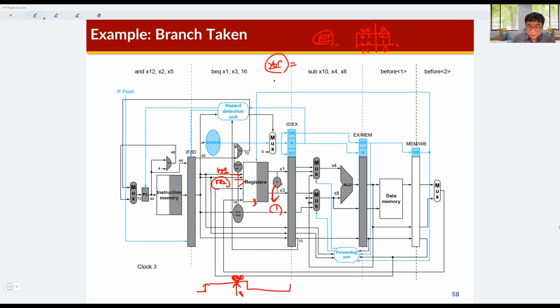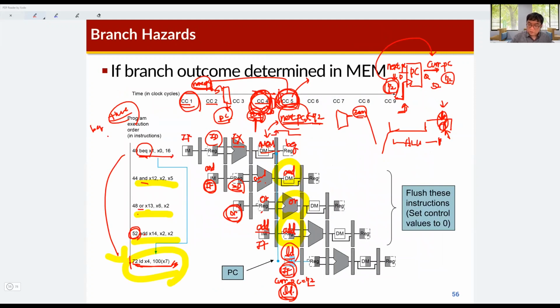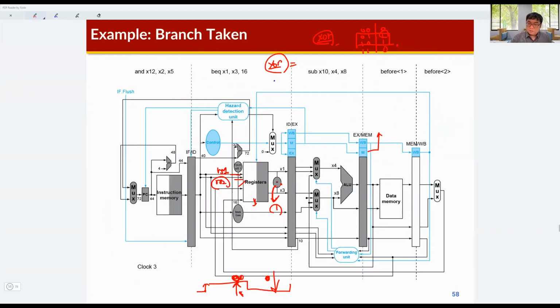So the data comparison can be done around here in the clock period of the ID stage. In the previous pipeline processor, the result of the branch instruction, this zero signal, is delivered to the muxes of the PC update path in the memory stage.